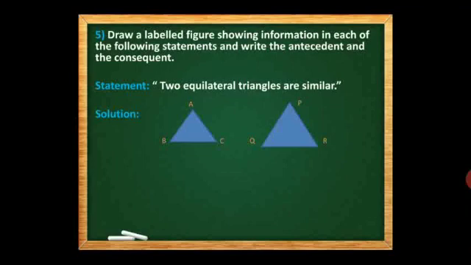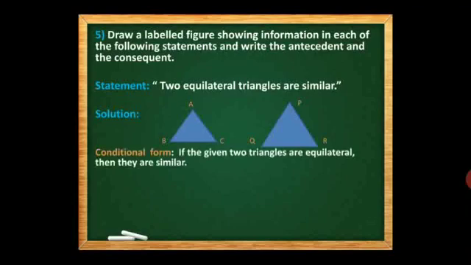Now we will convert the statement into conditional statement form first so that we can write antecedent and consequent. Here the geometrical shape is triangle, so we have to use it in the conditional statement. The conditional statement is, if the given two triangles are equilateral, then they are similar.